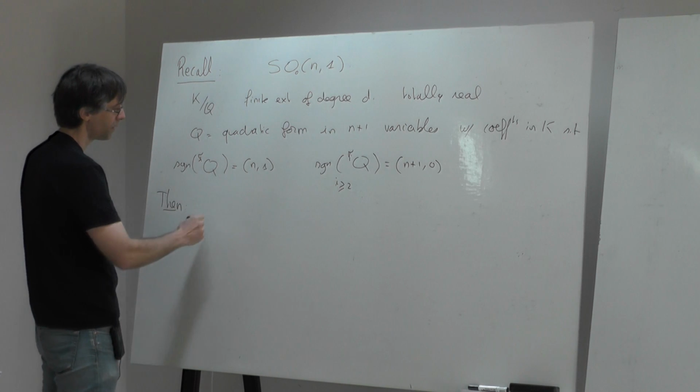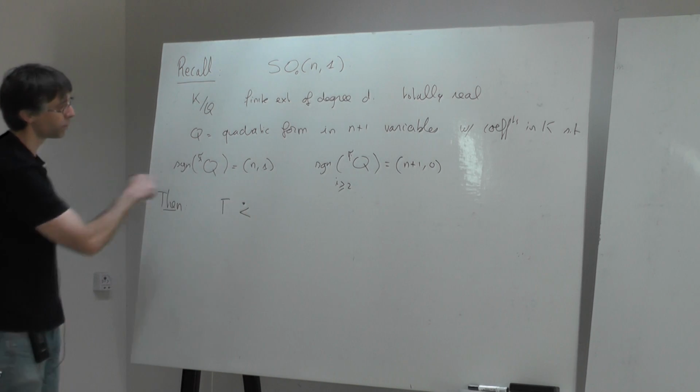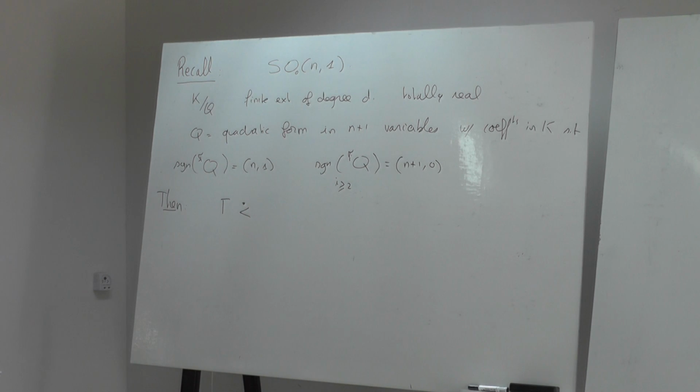Then we have seen that a subgroup of, when I put a dot here, it's to say that it's a finite index.